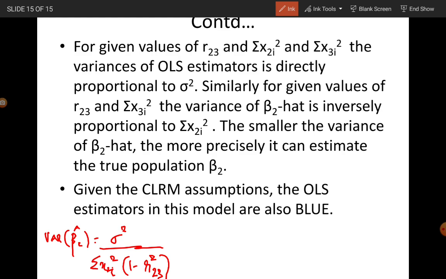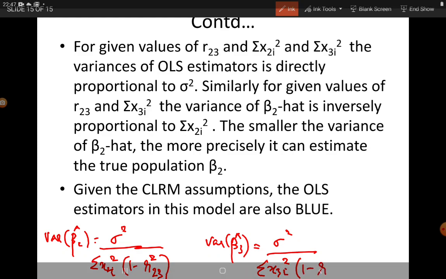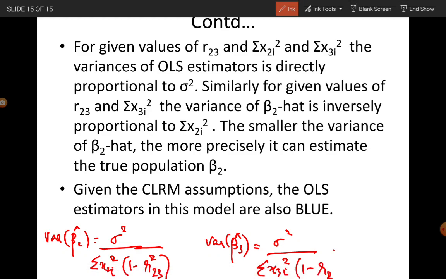And variance of beta 3 hat is equal to sigma square divided by summation x3i whole square into 1 minus r23 whole square. So if you just look at this, you will get the above answers.